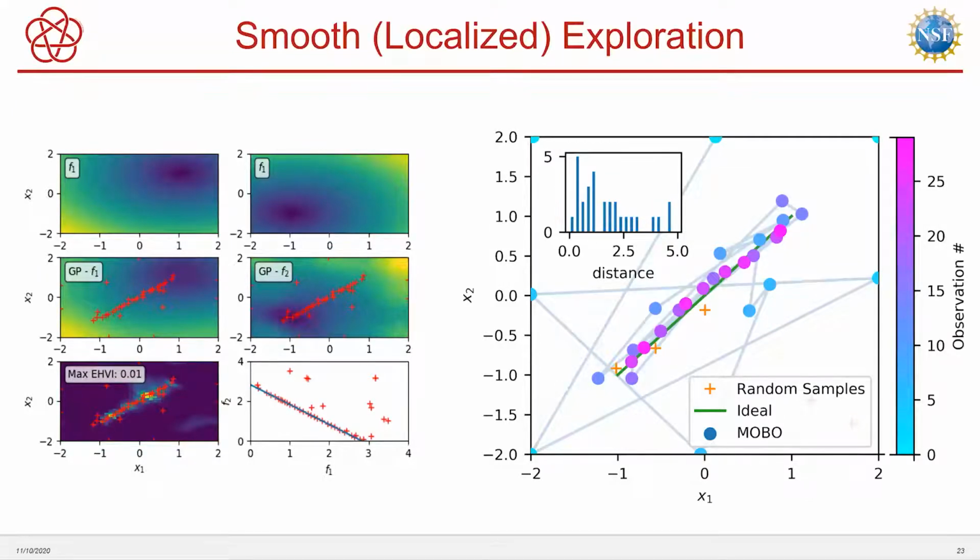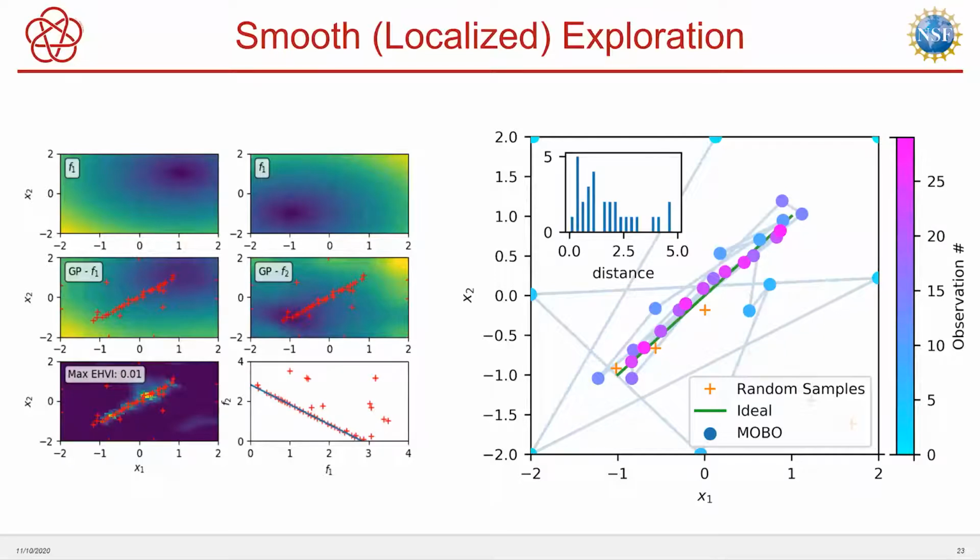And what we see is that essentially in its attempt to maximize the hypervolume as much as possible, the normal algorithm jumps all over the place. And we can see that in the histogram of the distance traveled between each step, as a wide variety of distances traveled, including some very large jumps that we certainly want to avoid when we're using our accelerator.